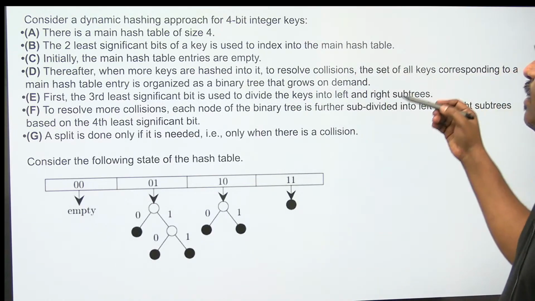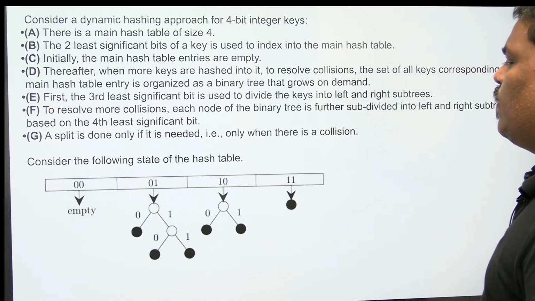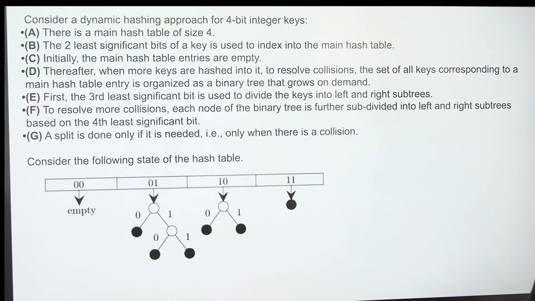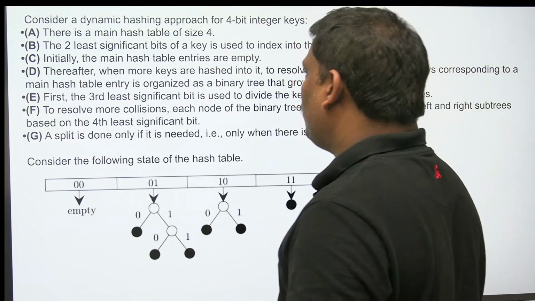What is this one? Listen, there is a hash table with 4 slots where the first slot is 00, the second slot 01, the third slot is 10, the fourth slot is 11. Right? Every slot is given a number also.